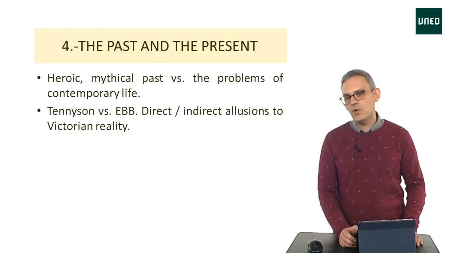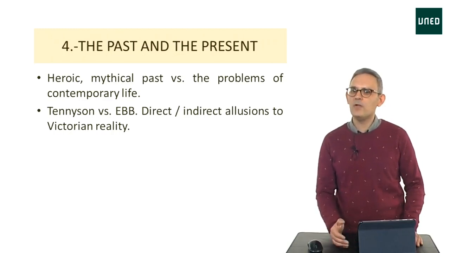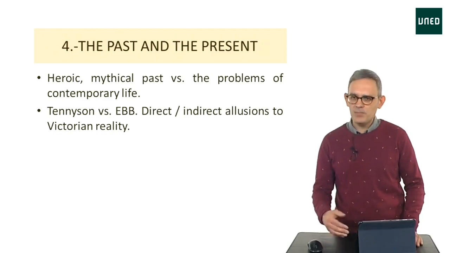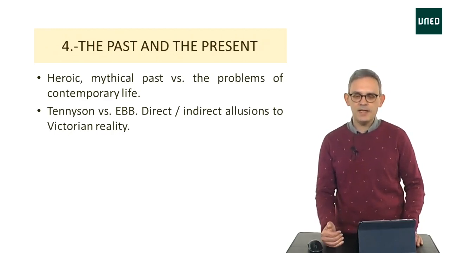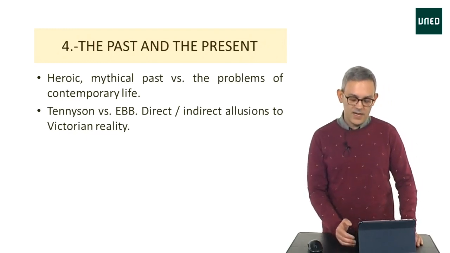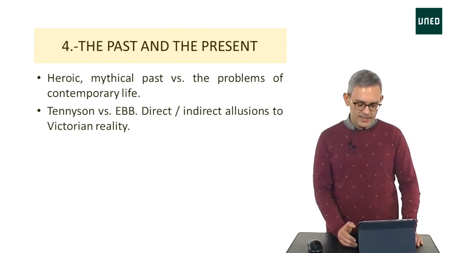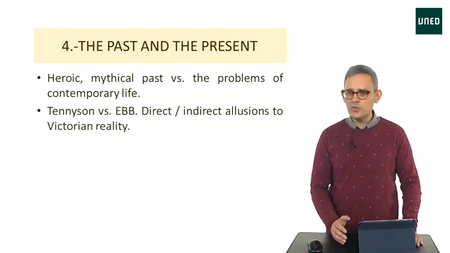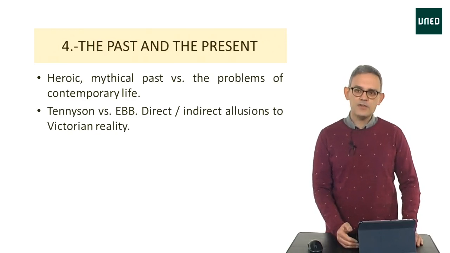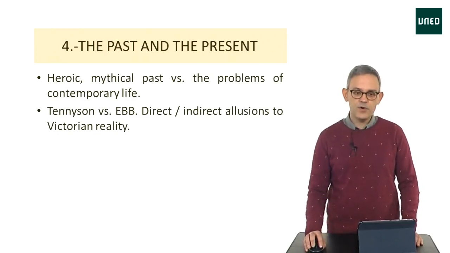She does so in a very direct way. Another female poet, Christina Rossetti, also explores the woman question, but in a more subdued way. But Barrett Browning does it very daringly and directly, as I said. Not only the situation of women, but other aspects of social injustice in Victorian England.